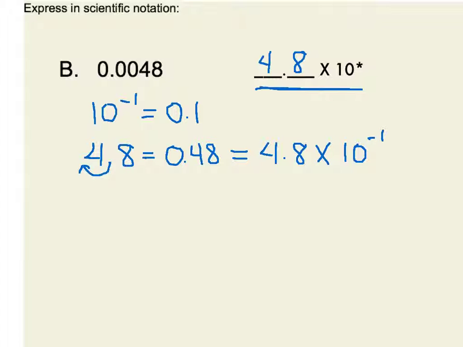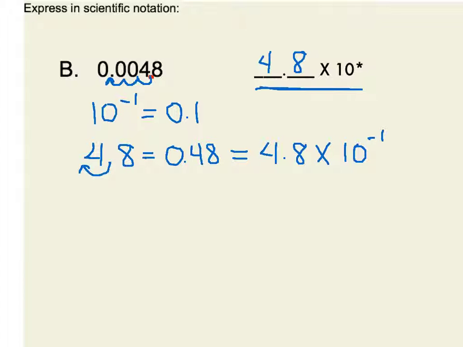Let's go up to my number and see how many decimal places I need to move left in order to get 0.0048. So I'll first place the decimal where it's found in my coefficient, and then I'll count how many places I must move my decimal to the left. 1, 2, 3.